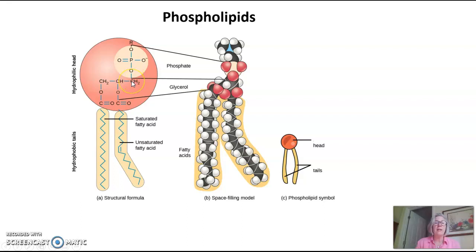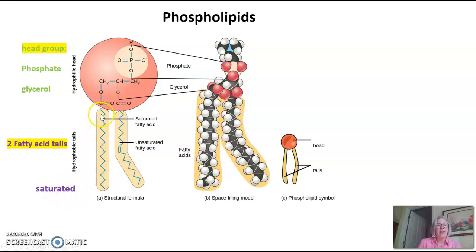The third carbon that would have the third fatty acid in a triglyceride is bonded to the phosphate, so there's no room for a third fatty acid here. So we call this head group the phosphate and the glycerol, and we call the fatty acids fatty acid tails. These fatty acids can again be saturated or straight, or they can be unsaturated or kinked.